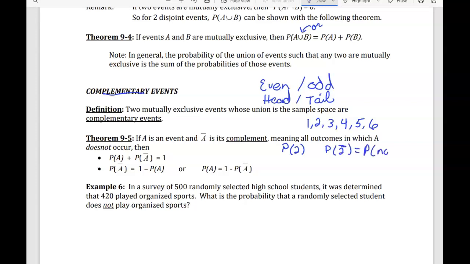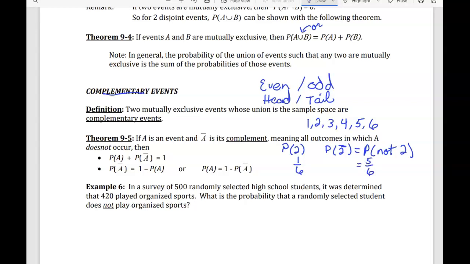So the probability of getting a 2 is 1 out of 6. Not 1/2, 1 out of 6. So the probability of not getting a 2 would be everything else, 1, 3, 4, 5, and 6. That would be 5 out of 6.